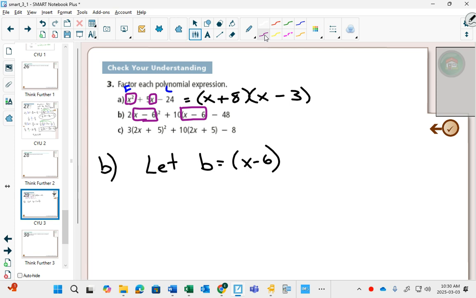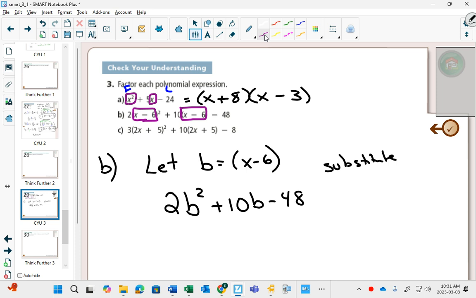And then we rewrite the question, but instead of x minus 6, we write b's. So we substitute. And what that does is it changes it back to, hey, I've factored stuff like this before. This isn't going to be so bad.